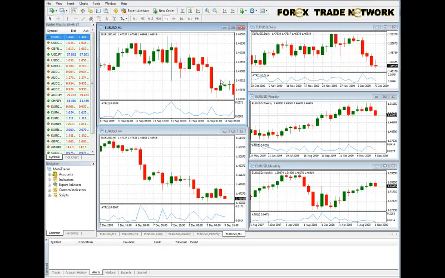So if that happens to be 3%, don't risk 30% in your demo account. Practice makes perfect. And if you practice the right things, you get better at doing the right things. And there is nothing that's going to be more important than controlling your risk. That will keep you in the game. It will definitely keep you in the game.